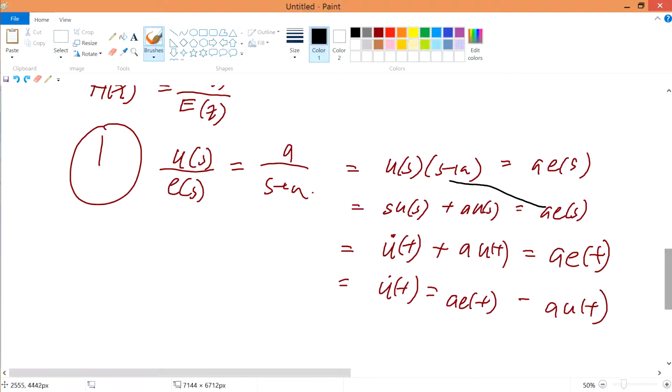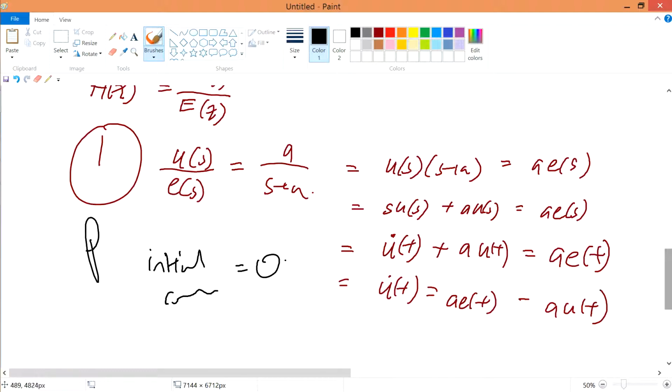Now I take the inverse Laplace, and S U of S becomes U dot of t. This is something you may need to familiarize yourself with if you forgot. Taking note that our initial condition is equal to 0.